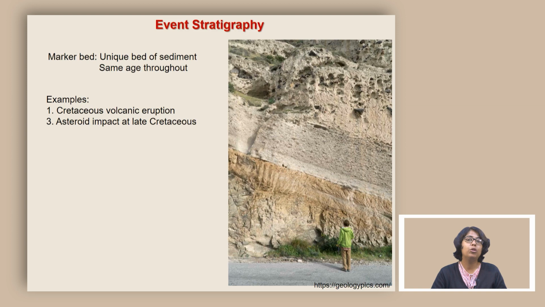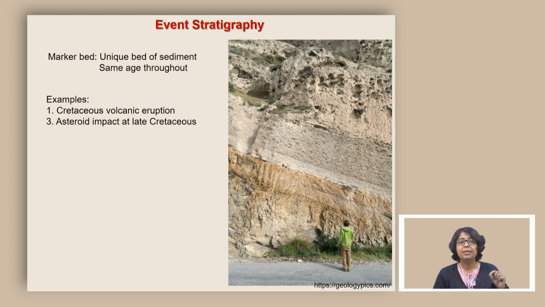Let us say there is a volcanic eruption and there is an ash flow. Ash, because it is very fine in nature, can travel with the air for a very large distance, and eventually when it falls out, it covers the entire globe in a relatively short time, geologically speaking.